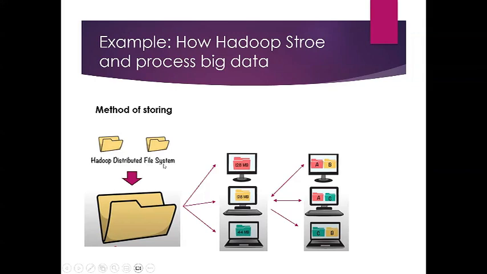How it is storing the data is that, for example, if you have a 500 MB file or maybe a 300 MB file, it's dividing it into smaller chunks, right? And it keeps an index file.